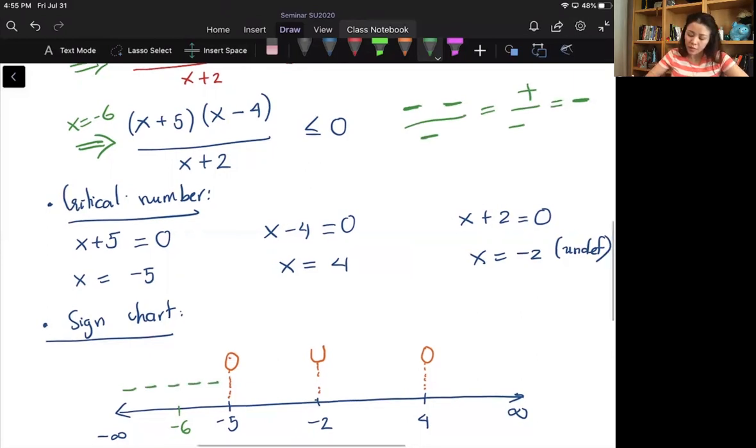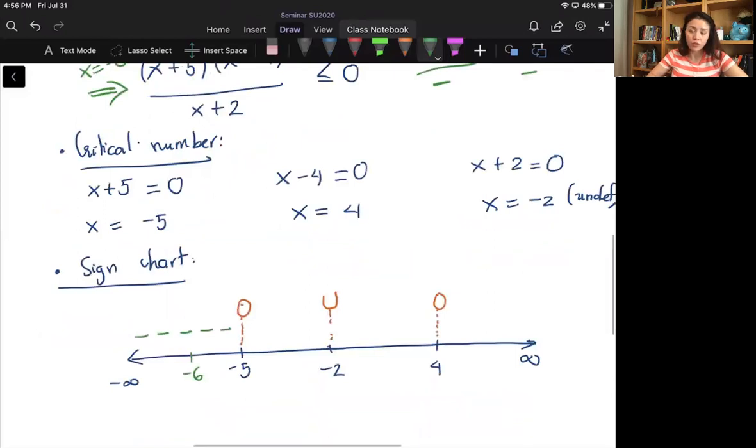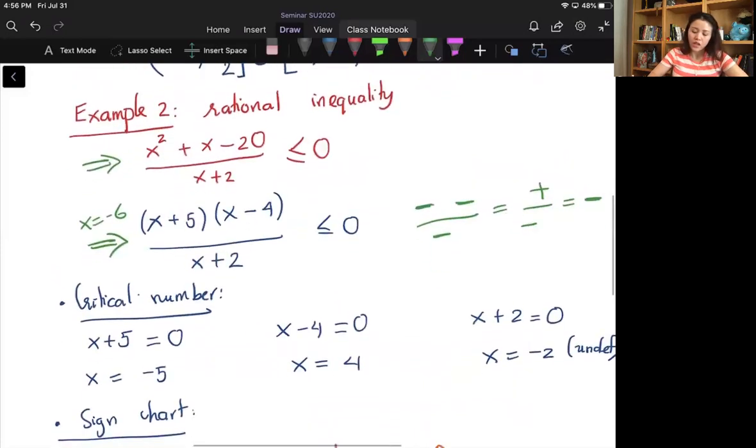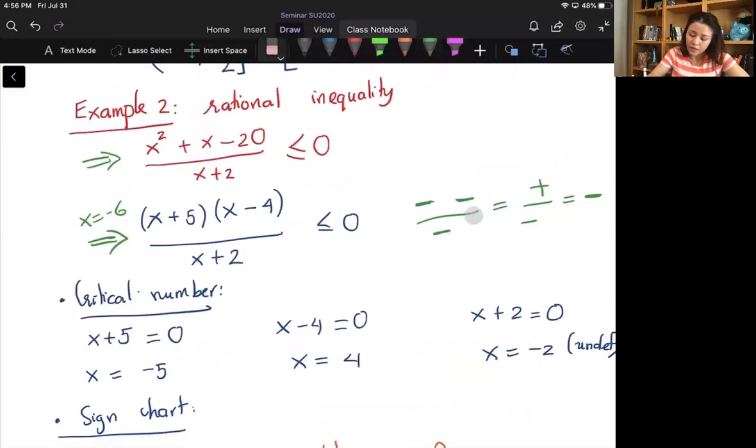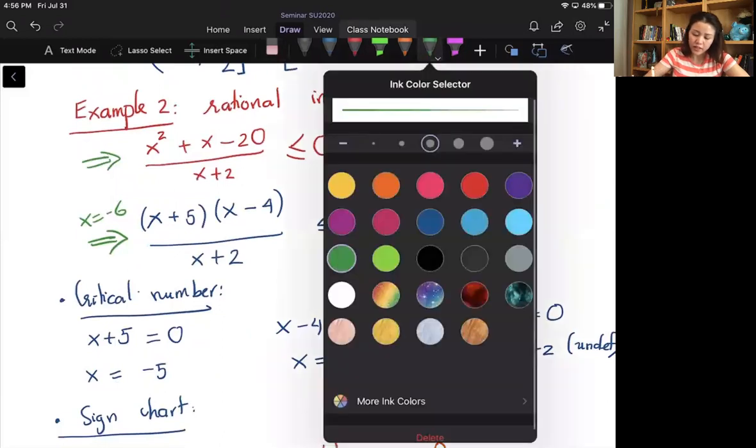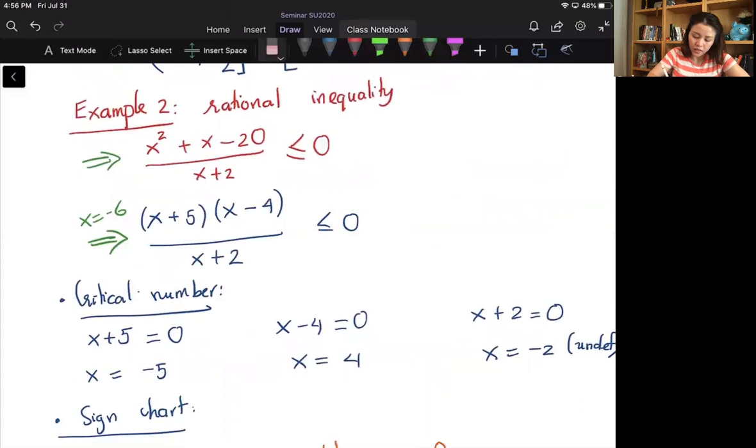Next, I'm going to pick a number between negative 5 and negative 2. Let's see, negative 3 maybe? Negative 3. Again, when I have negative 3 for x, put negative 3 here.